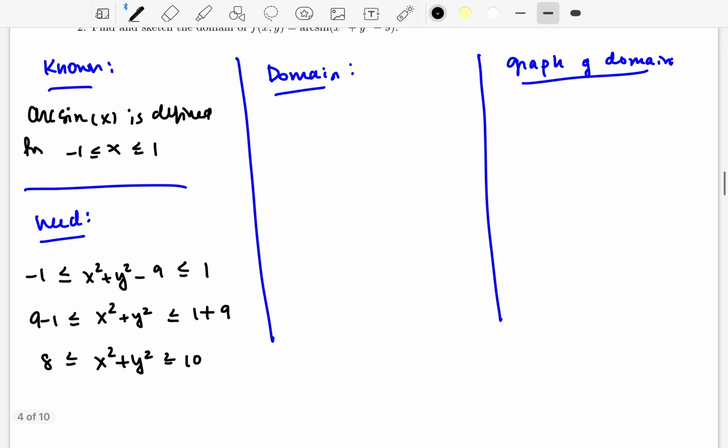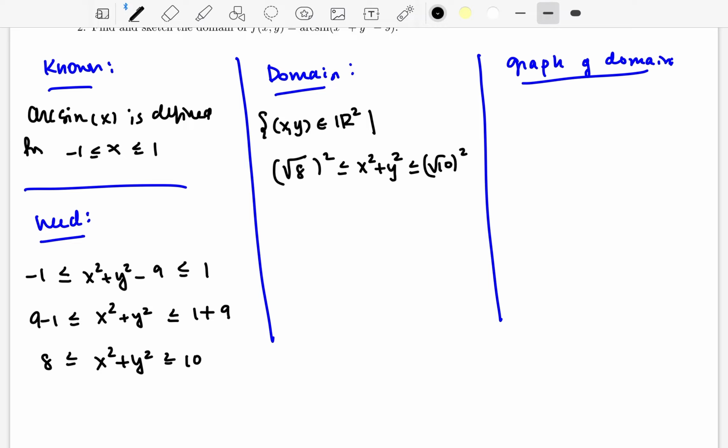So algebraically speaking, my domain is going to be the set of all x, y's in R2 such that, let me write this so that it's really obvious, the square root of 8 squared is less than or equal to x squared plus y squared less than or equal to the root of 10 squared, okay?